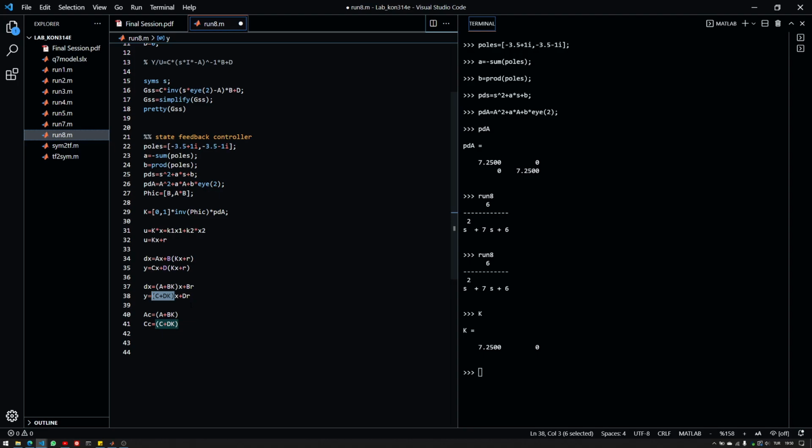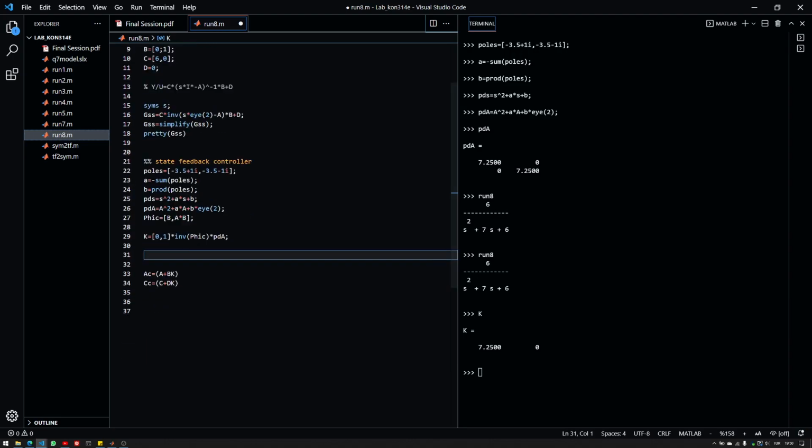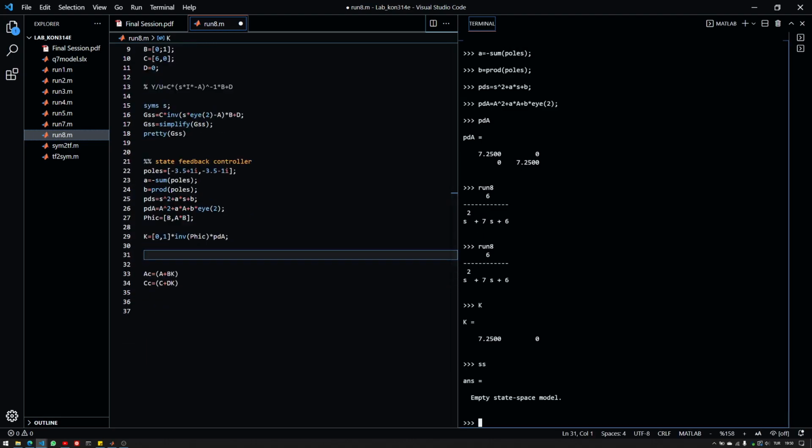Now I can go ahead and define my state space models. It is possible to use SS, which is a MATLAB version of state space model, and we were using TF, so transfer function TF and state space SS. So basically that's it.